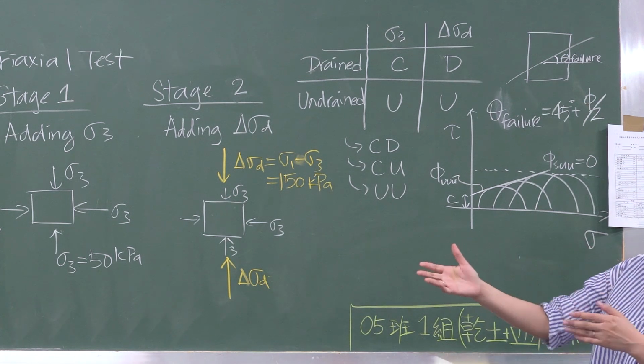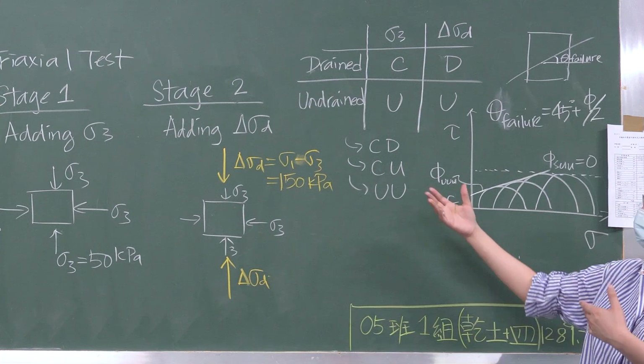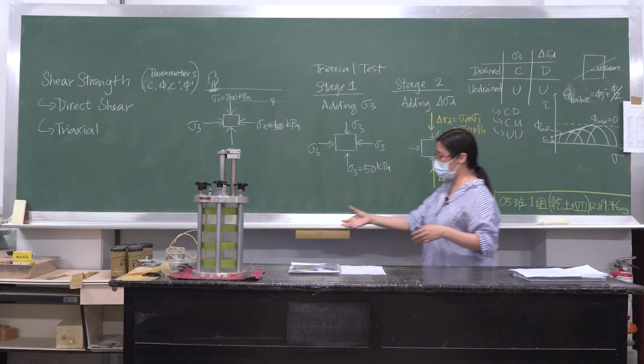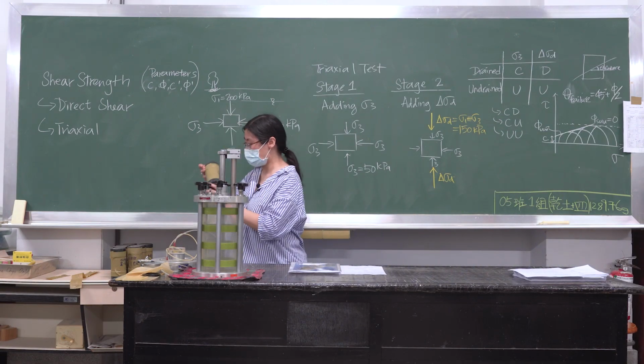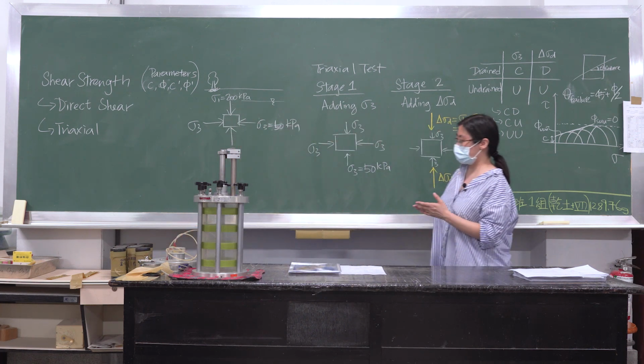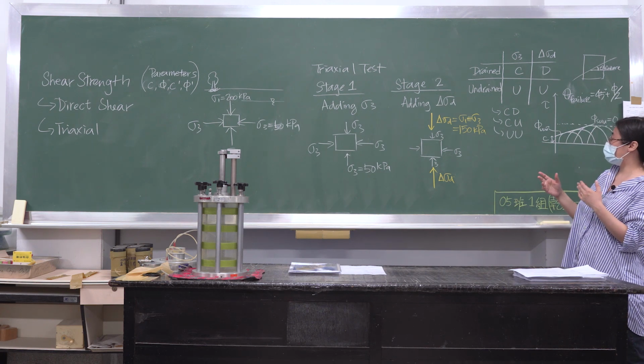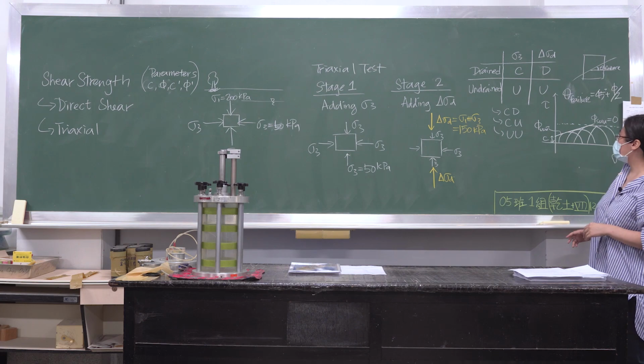Because remember, one month ago, when you prepared a soil specimen, which is here, we are going to use this soil specimen, and we are not going to saturate the soil. So what we are going to do today is a UUU, triple U test.